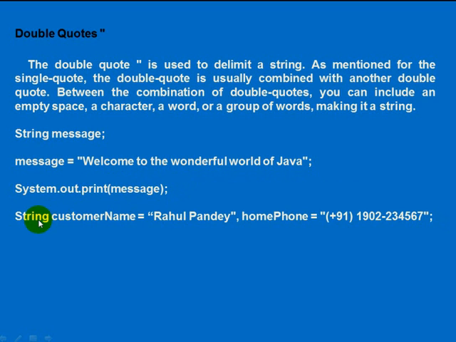One more example, we can assign customer name, which is a variable of type string, and we are assigning Rahul Pandey in the variable. So this is a string and it is to be enclosed within the double quotes. And one more variable, home phone, that is again a variable of data type string, and we are assigning the home phone number within these double quotes.